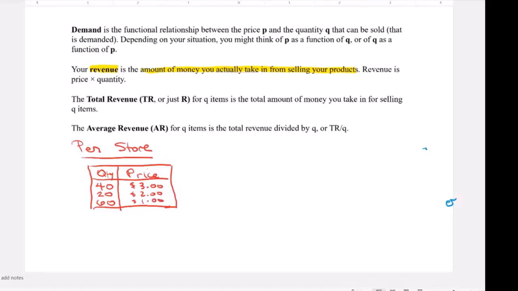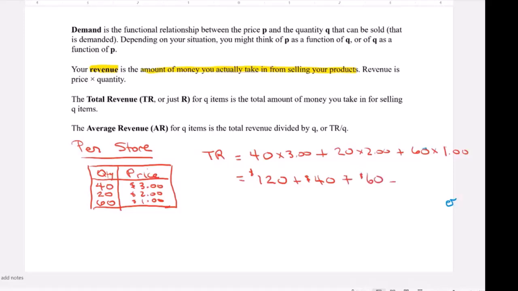Okay, so what's my total revenue? Well, I sold 40 pens at $3 each, which is $120, plus I sold 20 pens at $2 each, which is $40, and I sold 60 pens at $1 each, that's plus 60.